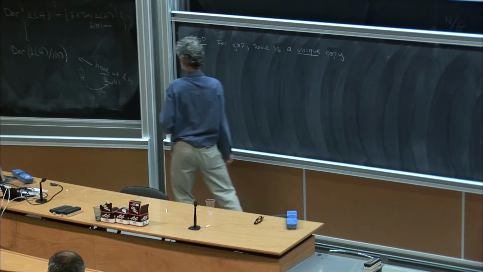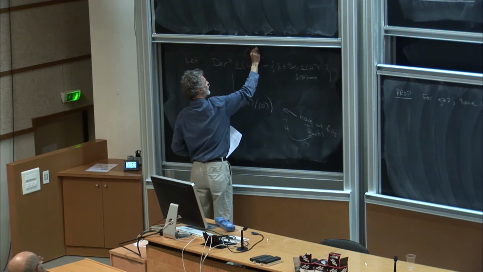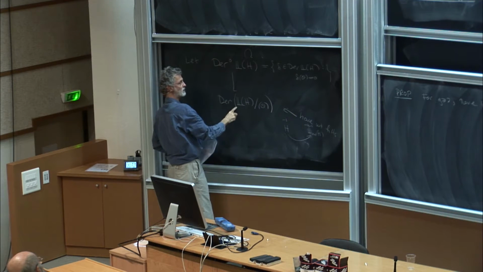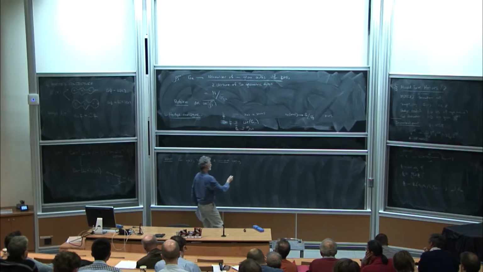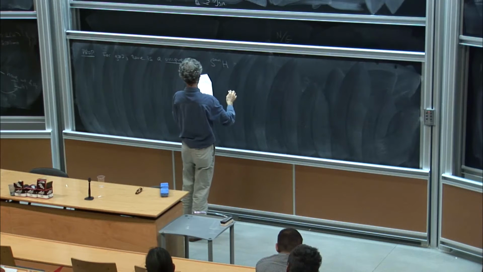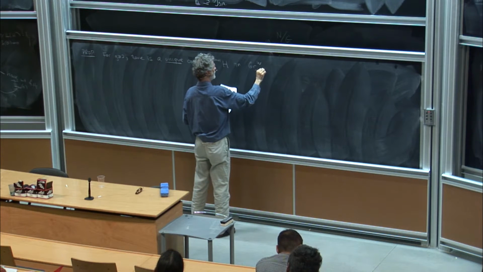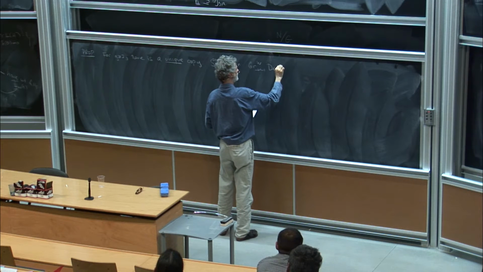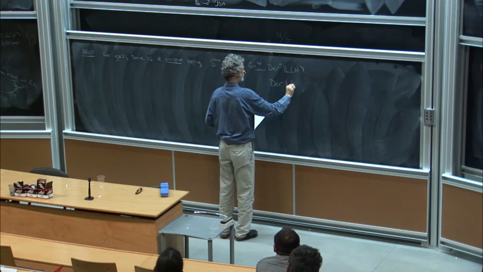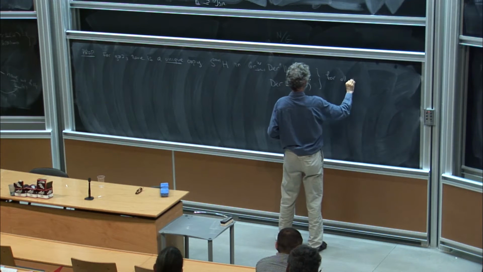One other comment is the symplectic group of H, Sp(H), acts naturally on H. It preserves theta, so it acts on this guy and it acts on this guy.